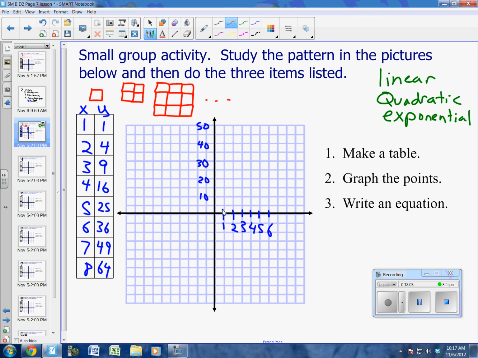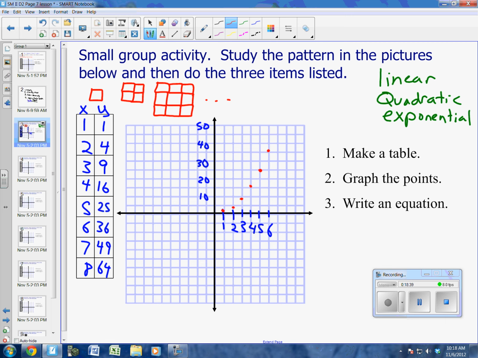I've got to graph 1, 1. Well, 1, 1 is way down here. 2, 4 is about right here. And I hope you guys are graphing these because it's going to give you a hint on what the graph is supposed to look like. 3, 9. 4, 16. 5, 25. 6, 36.